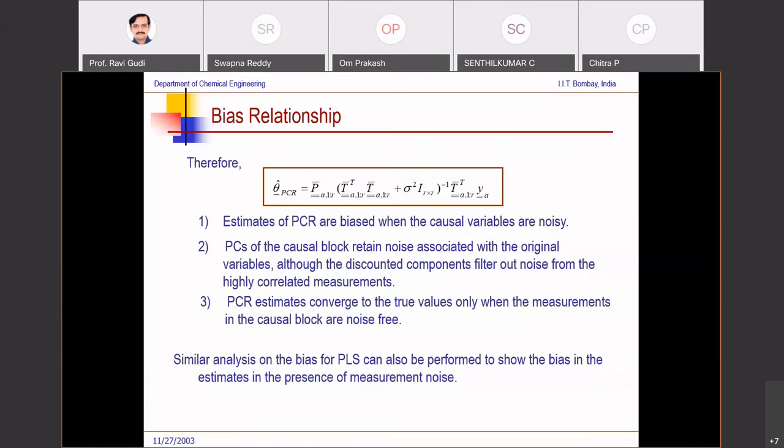But in general, PCR by itself is not a very good algorithm when I look at an error analysis, because the noise is retained in the original variables, although it's discounted in the correlated variables.